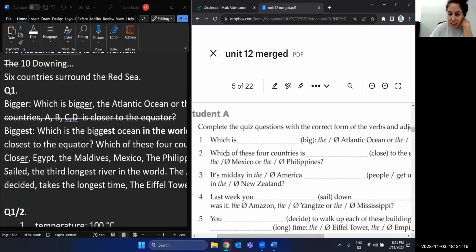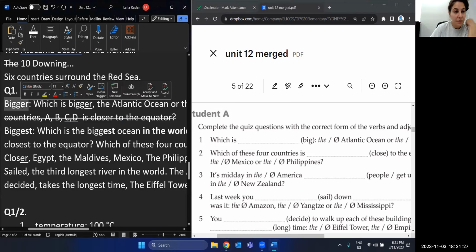So we have, which is bigger, the Atlantic Ocean or the Pacific Ocean. So we need to say the Atlantic Ocean.